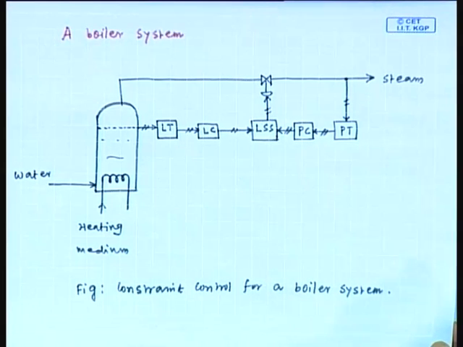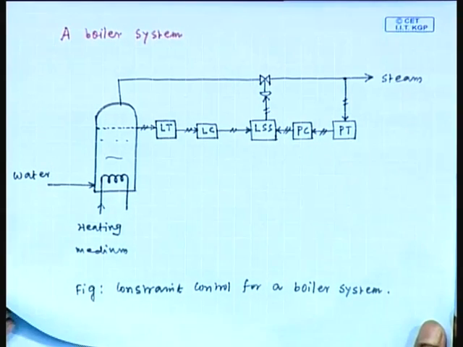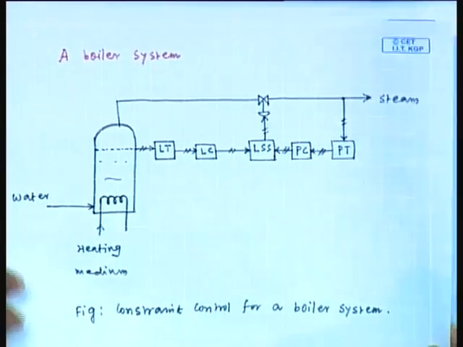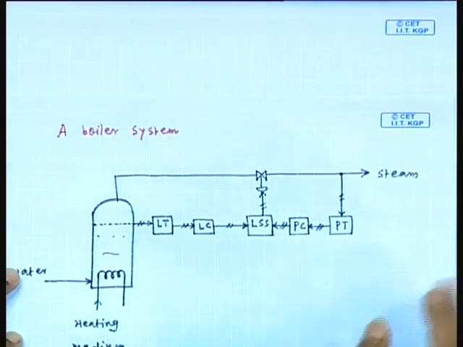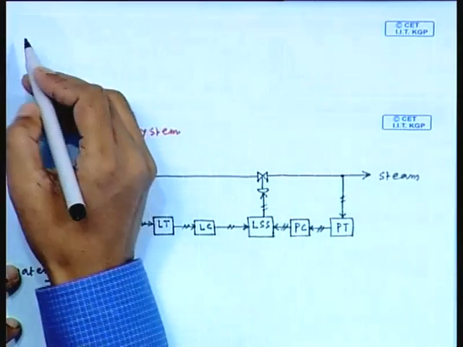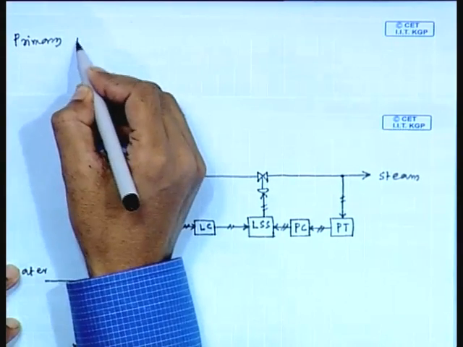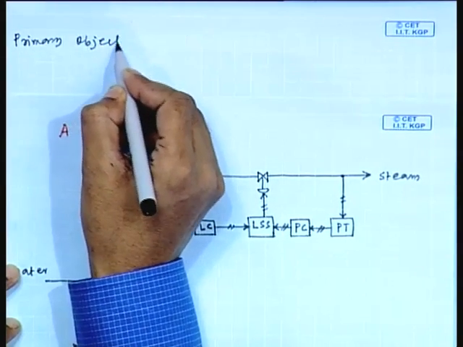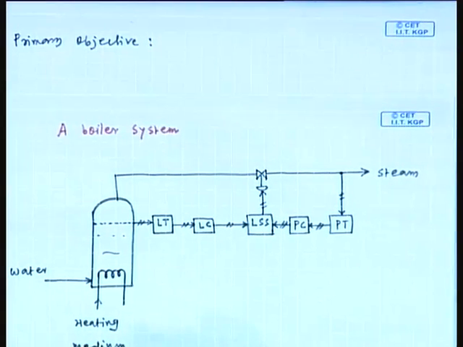So, what is our primary control objective? Our primary control objective is to use a pressure control loop for maintaining the pressure of the steam.